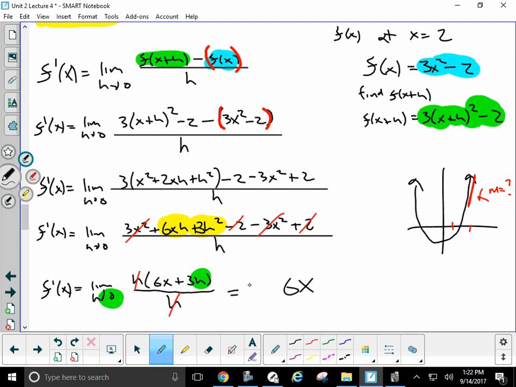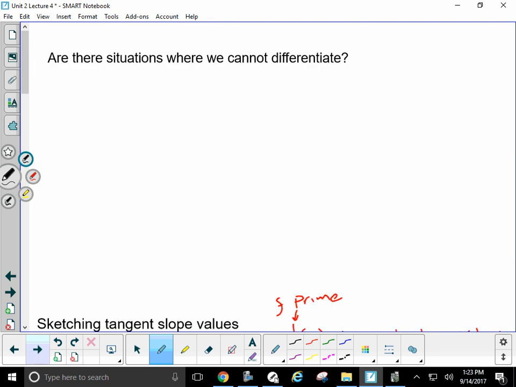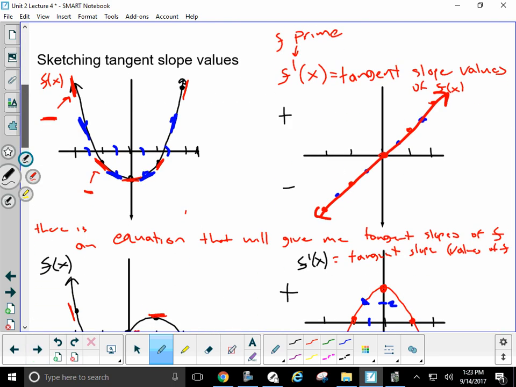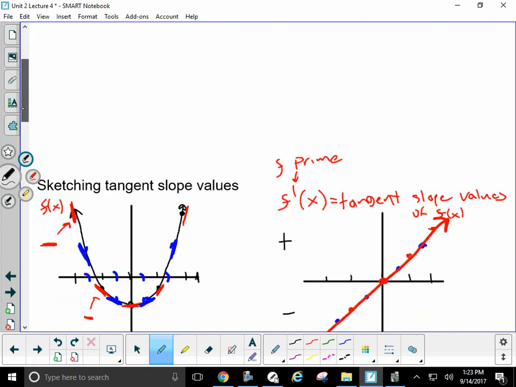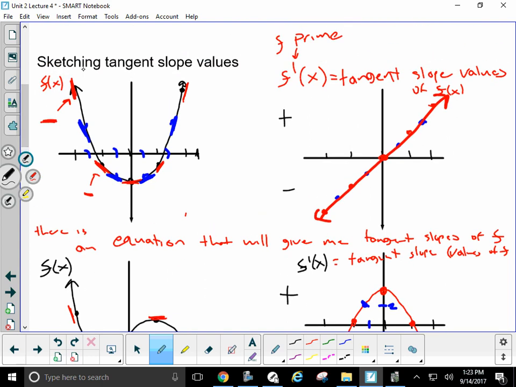What does that mean? This is the exact equation for this graph right here. If this was 3x squared minus 2, which it looks close to being, this is 6x.